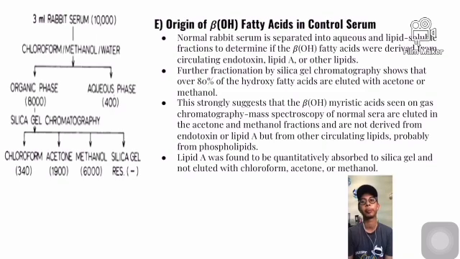This strongly suggests that beta hydroxy myristic acid seen by gas chromatography mass spectrometry of normal sera, eluted in the acetone and methanol fraction, is not derived from endotoxin or lipid A, but from other circulating lipids, probably from phospholipids. Lipid A was found to be quantitatively absorbed by silica gel and not eluted with chloroform, acetone, or methanol.